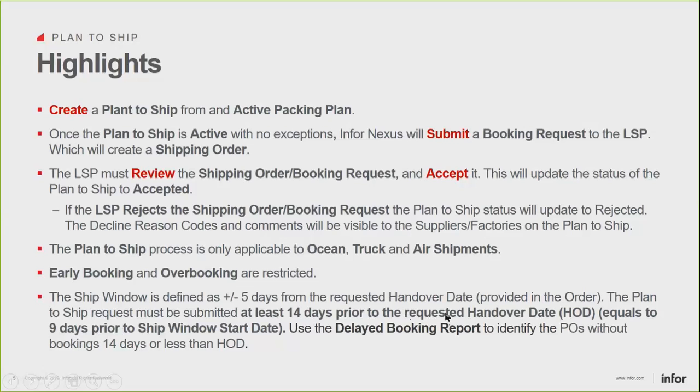And the requested handover date should be a date 5 days after the ship window starts and 5 days before the ship window ends. Okay. And the requested handover date can also be viewed on the PO at line level.